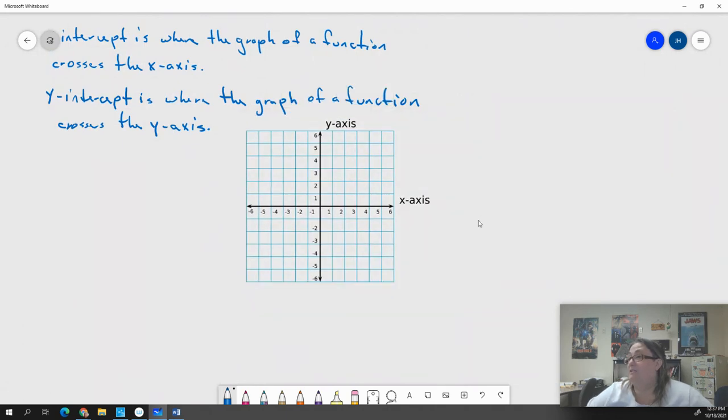Who cares what it is, right? Let's make it actually go through certain points.